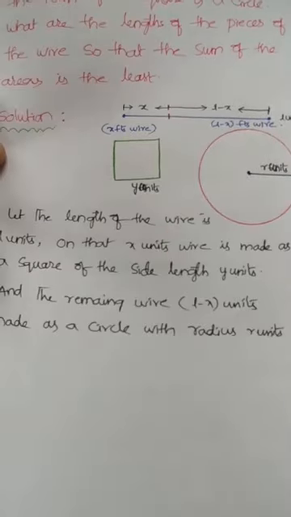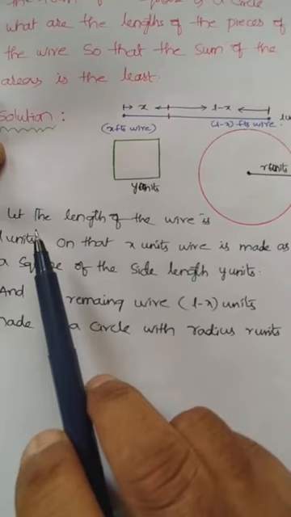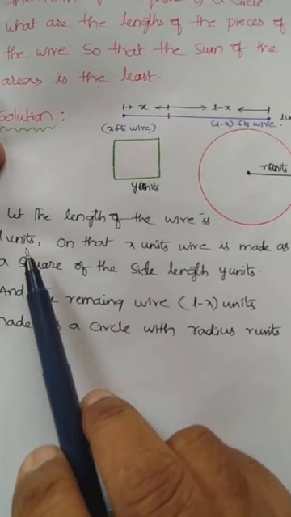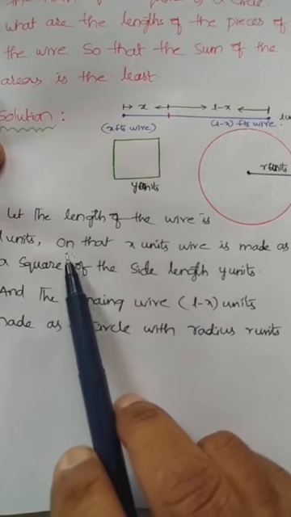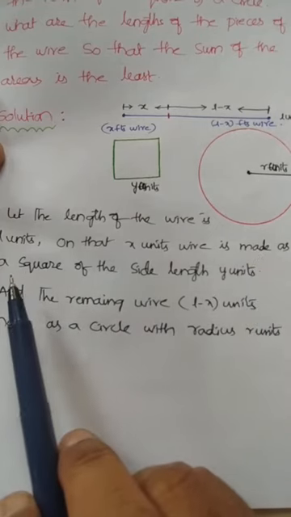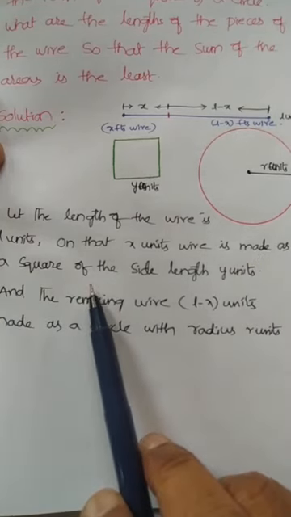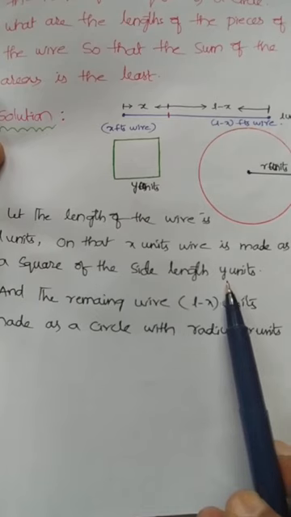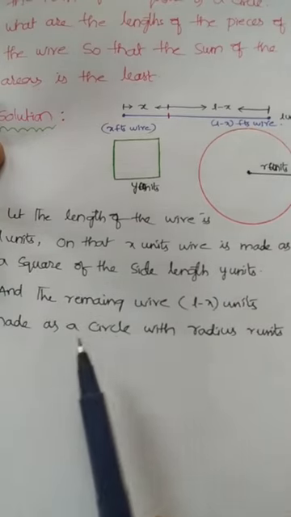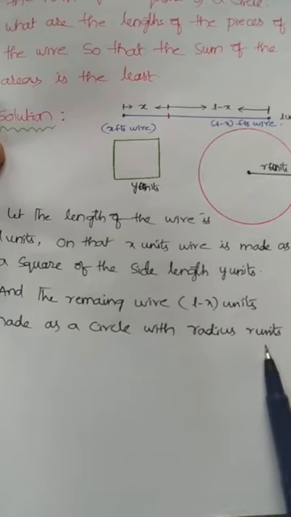Now observe the theory. Let the length of the wire be small L units, and that x units of wire is made as a square of side length y units, and the remaining wire L minus x units is made as a circle with radius small r units.